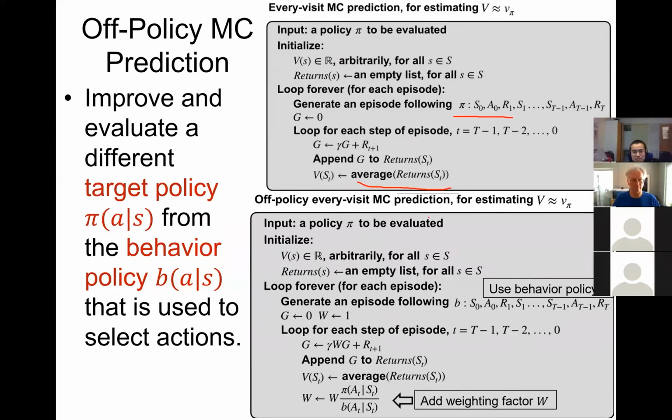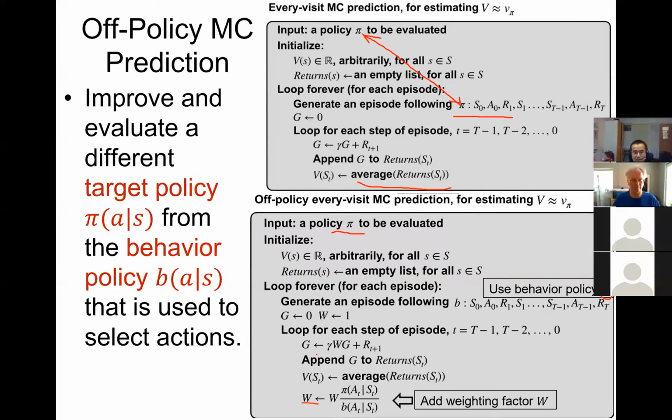But now we are doing off policy MC prediction, which means that we are trying to evaluate a policy pi, but our behavior has a different policy B. Whereas in the previous on policy approach, the policy to be evaluated and the policy to be executed are the same. As a result of this difference, we must add this weighting factor, W.